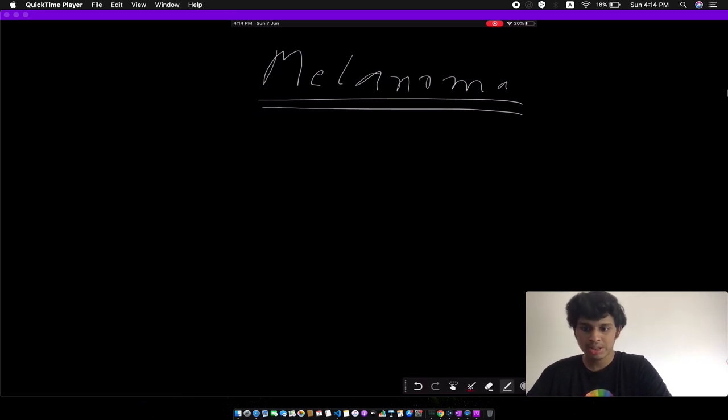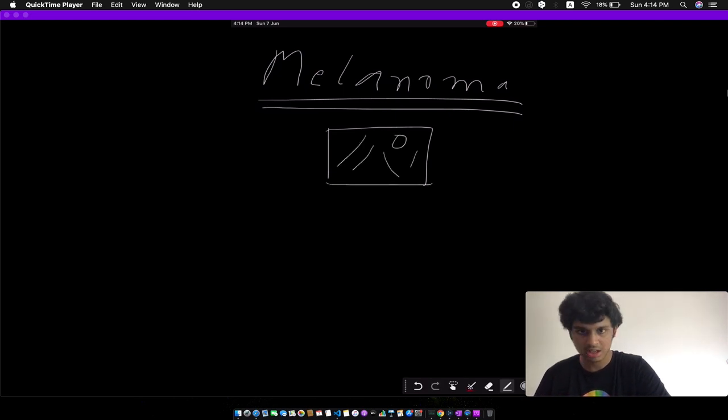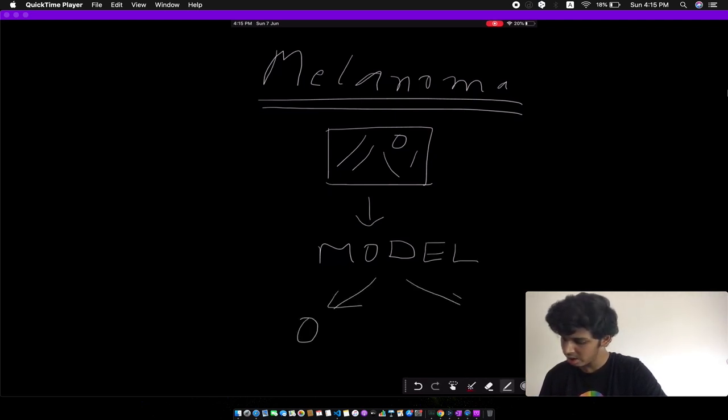So, what's the problem statement here? We have an image of someone's skin, and we want to pass that into a machine learning model and get a 0 or a 1 as output.